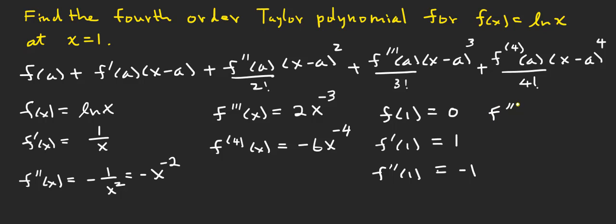What about f triple prime of 1? That's going to be 2 over 1, which is 2. And then the fourth derivative of 1 is negative 6.